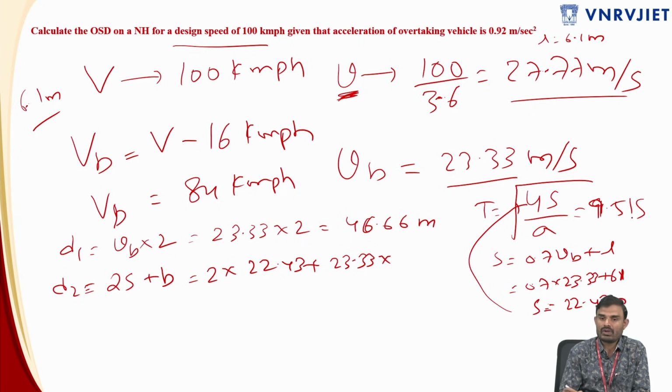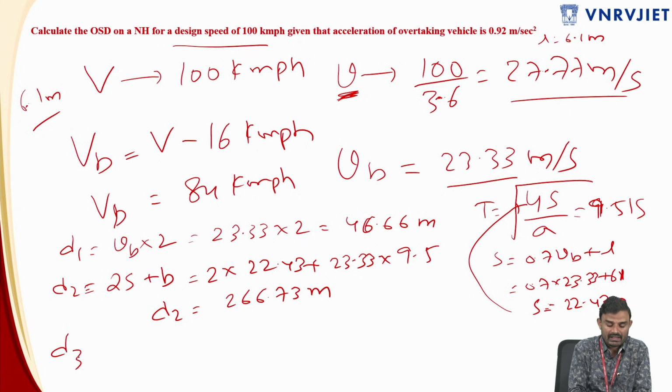So this is the overtaking time, capital T, 9.5 seconds. If you get this, you are going to get the value of D2, which in this case will be equivalent to 266.73 meters.